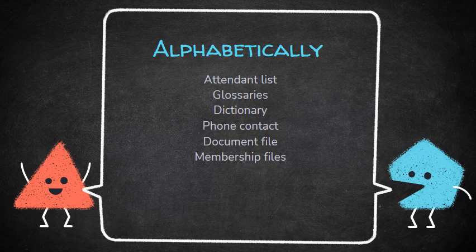Then phone contacts on the mobile, document files on the computer, and membership files are also filed alphabetically. Okay, so try to pay close attention to the reading material and how it works. Then it makes the scanning process easier for you.